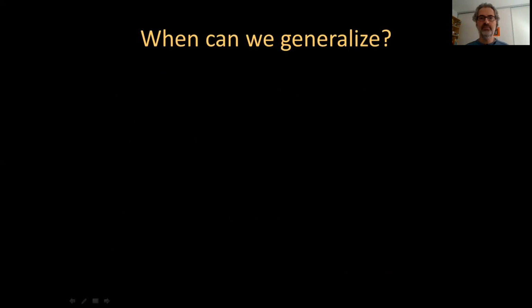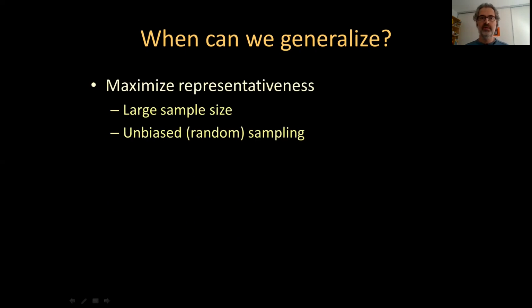When is it possible to generalize from our sample to the population? Well, it's possible only when our sample is representative, but we don't know when that is the case. To know that we have a representative sample means to know that our sample matches the population. In order to find out if that's true, we have to know the whole population, but we don't.